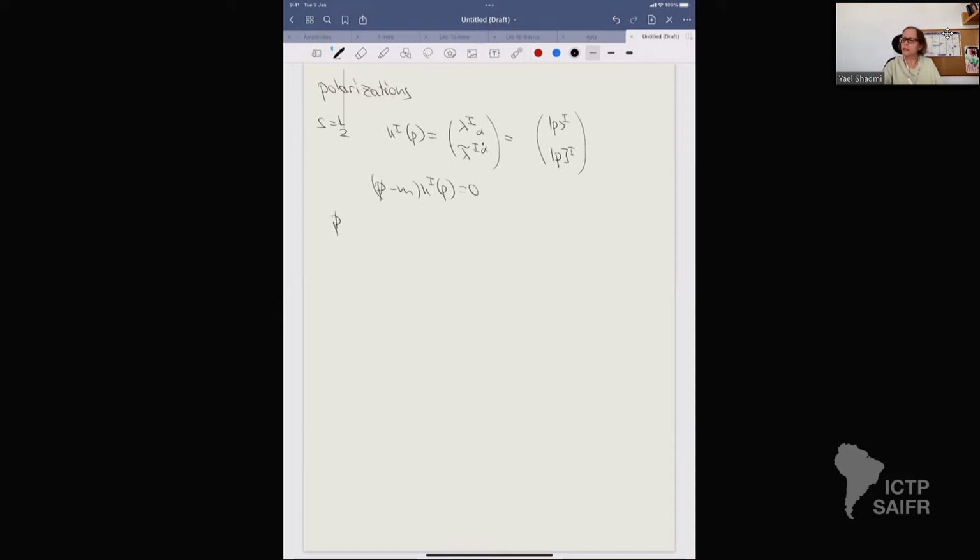So p slash times |p_I> equals m |p_I], and similarly p times |p_I] goes to m |p_I>. Okay, and I'm usually not writing the slash. Instead of writing p slash, I'm writing p, because it's not contracted with gamma mu, but just with sigma mu. So it really means the same thing.